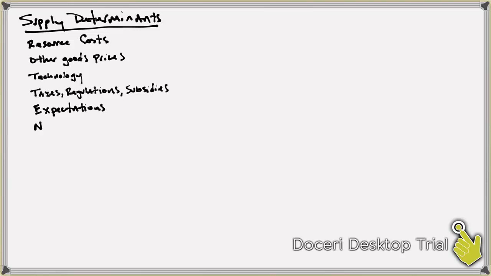As suppliers, there are things that cause us to change how we're doing things based on expectations we have. A big expectation is weather. If we expect the weather to change, then we're going to change our production to meet the consumer's needs. Okay? And the last determinant is number of suppliers.